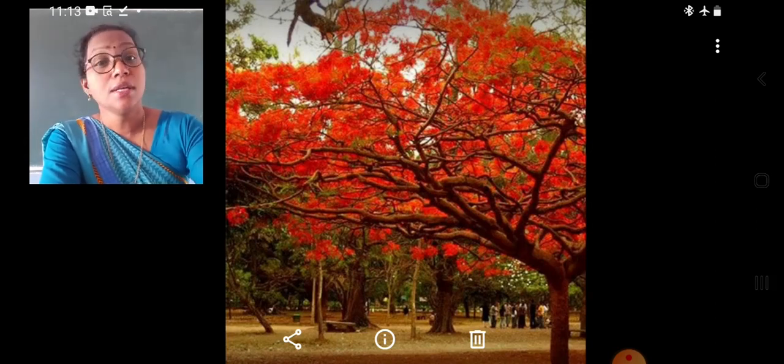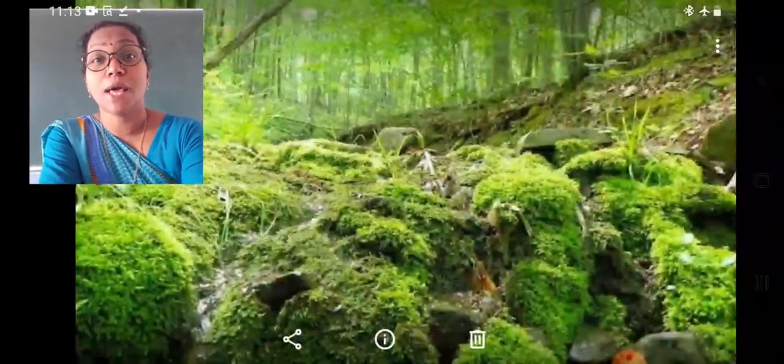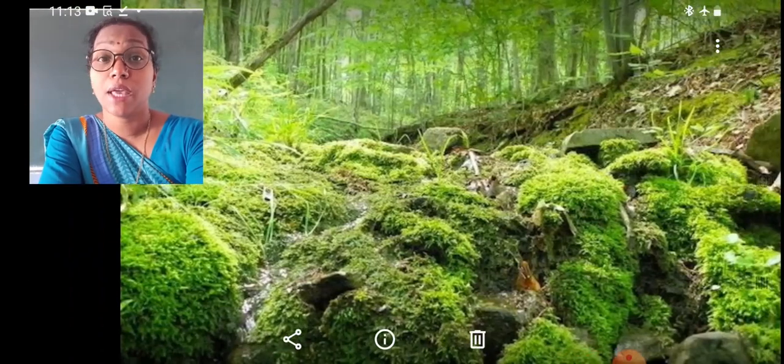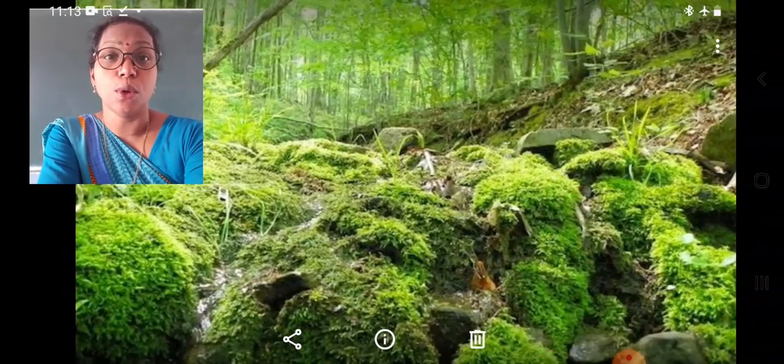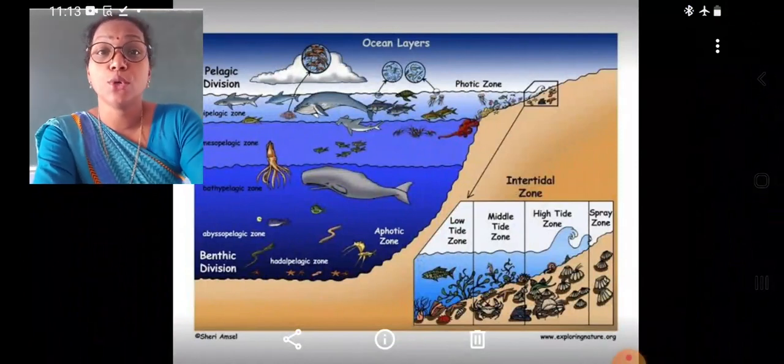Then students, on the forest floor, plants such as ferns and mosses have a thin cuticle to adapt to the low intensity of light in those regions. We studied lastly about the ocean layers.